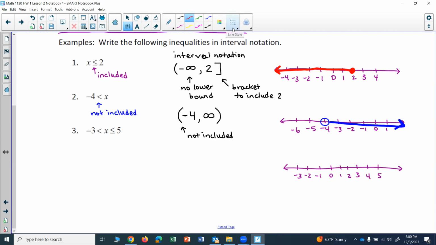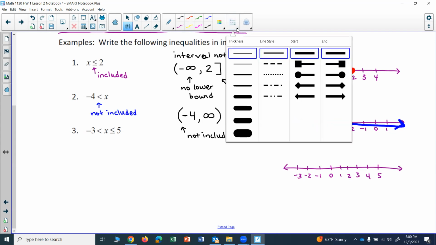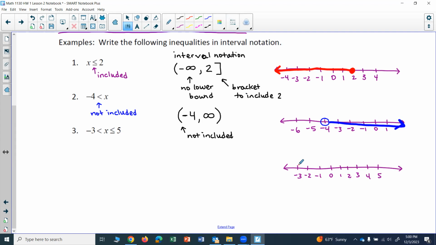So I would put a hollow dot at -3. And the +5 is included. So -3 is not included because it's a strictly less than.